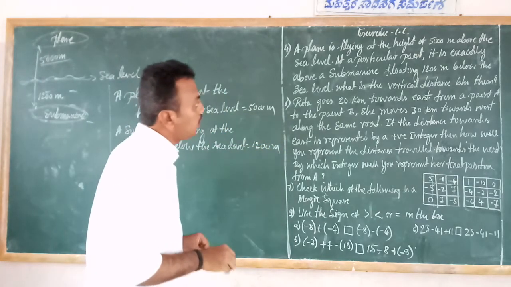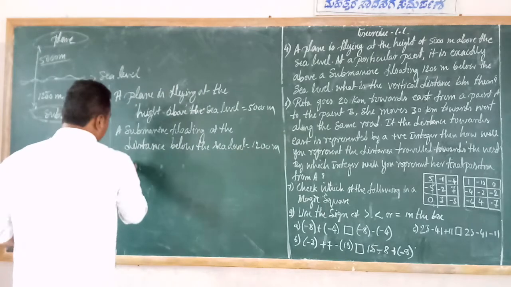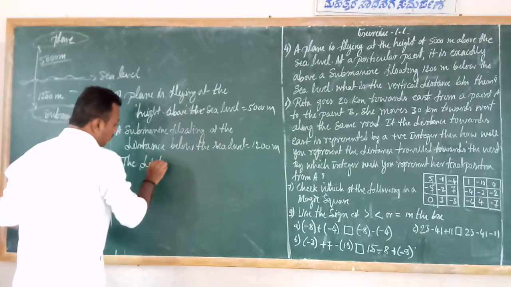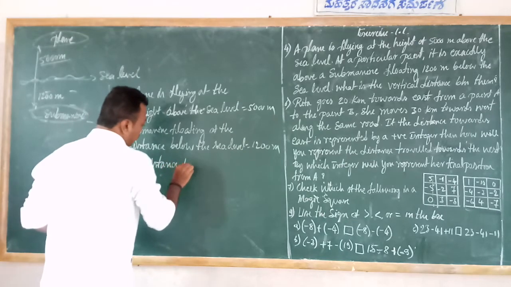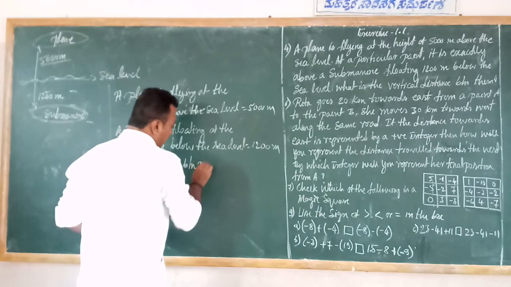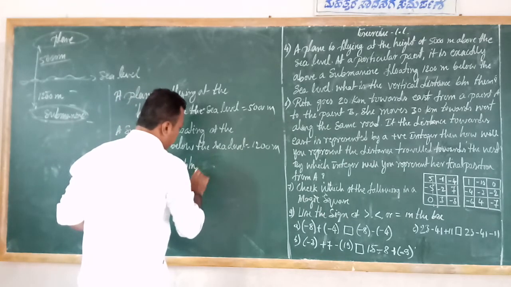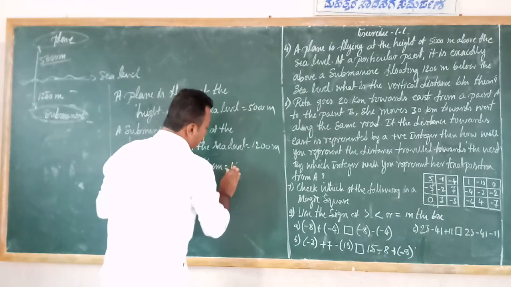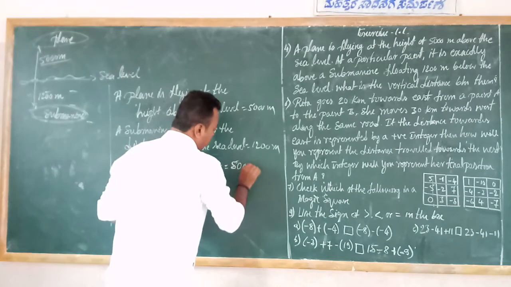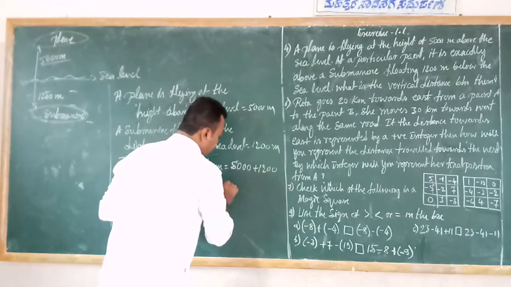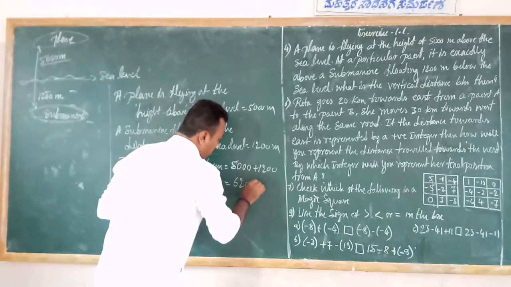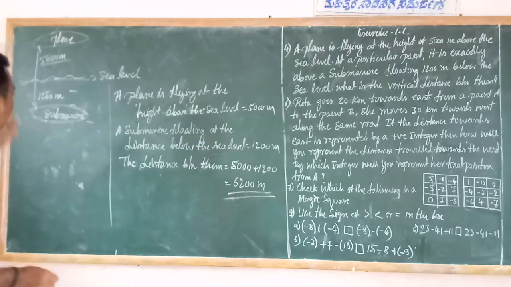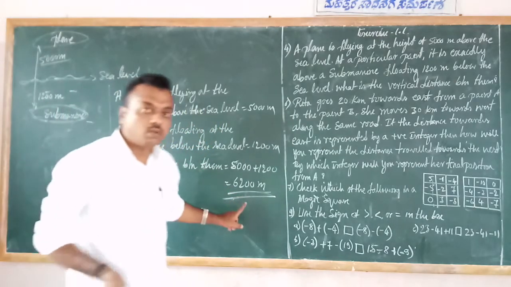So what is the vertical distance between them? The distance between the plane and the submarine is equal to 5000 plus 1200, which becomes 6200 meters. So the total distance between the plane and the submarine is 6200 meters.